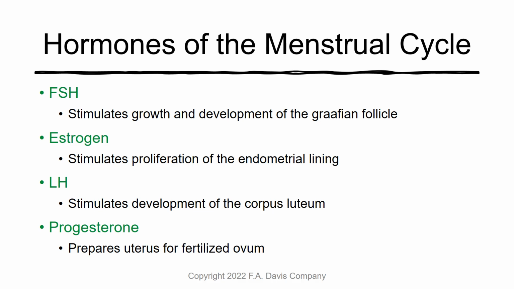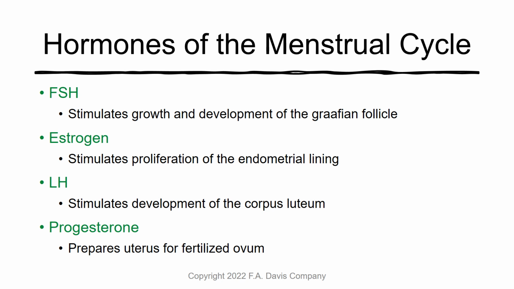So I mentioned those on the previous slide. These are really hormones of the menstrual cycle. So these are hormones that are going to help mediate that menstrual cycle. So follicle stimulating hormone helps control the menstrual cycle and stimulates the growth of eggs in the ovaries. Estrogen stimulates proliferation of the endometrial lining of the uterus, and that's what causes it to thicken as the uterus prepares for pregnancy.